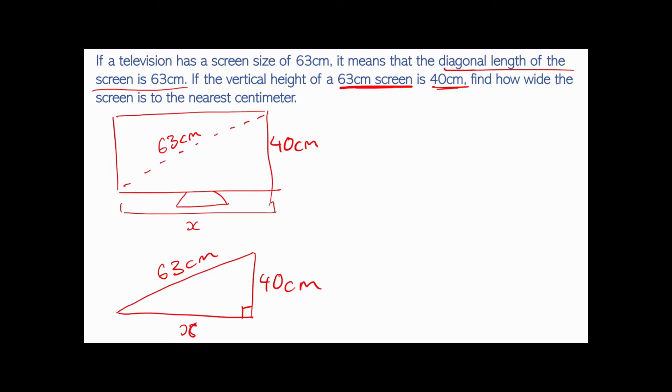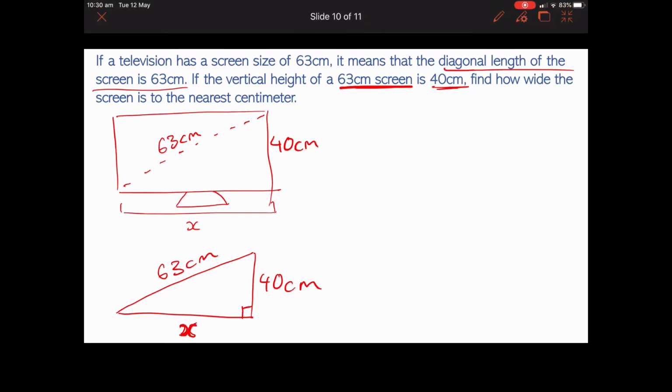Now, already I'm thinking case 2. We know our hypotenuse and we're trying to find a shorter side length. So I'm going to write that out. a squared equals c squared minus b squared. My a squared is going to be this one here, a. This is my c and this is my b. a squared equals 63 squared minus 40 squared.